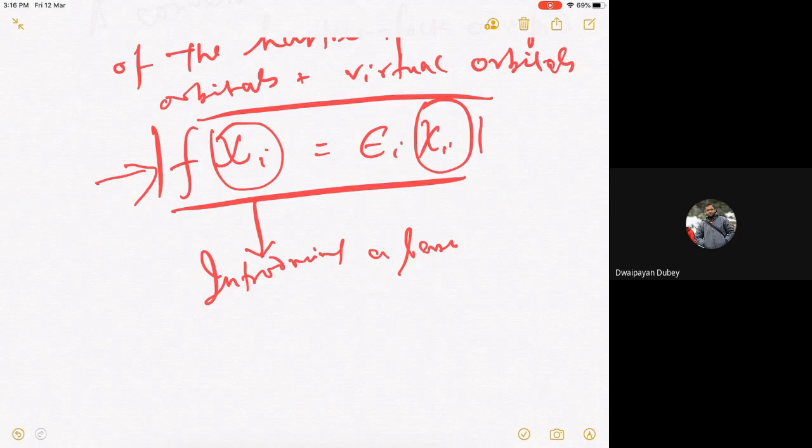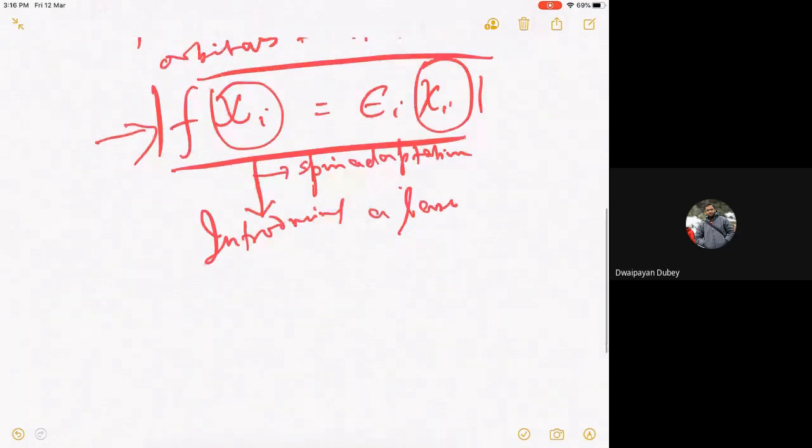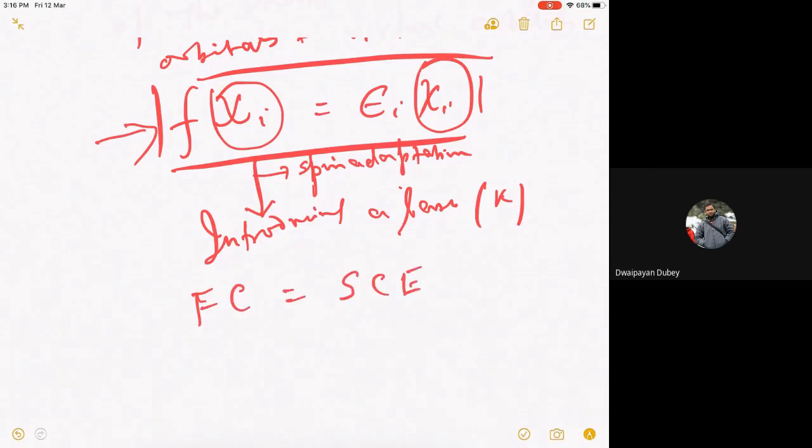So first of all, if you remember, we did a spin adaptation for the RHF to spatial orbitals and then expanded the spatial orbitals in the basis of atomic orbitals. And if I have k number of basis functions, then I got the Roothaan equation in a k by k system. I hope all of you remember this, the Roothaan equation.